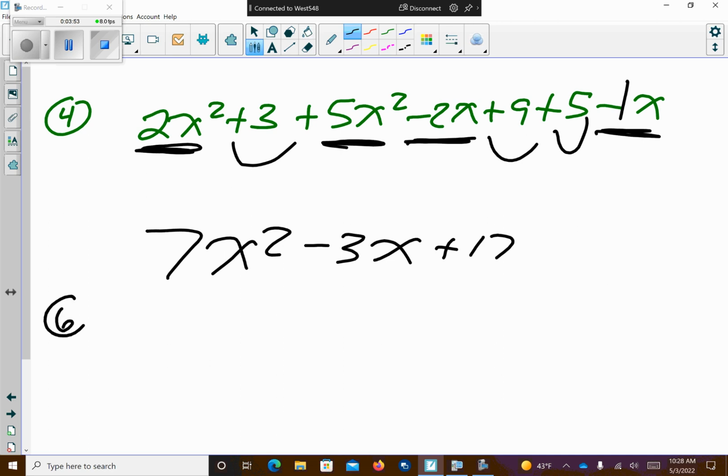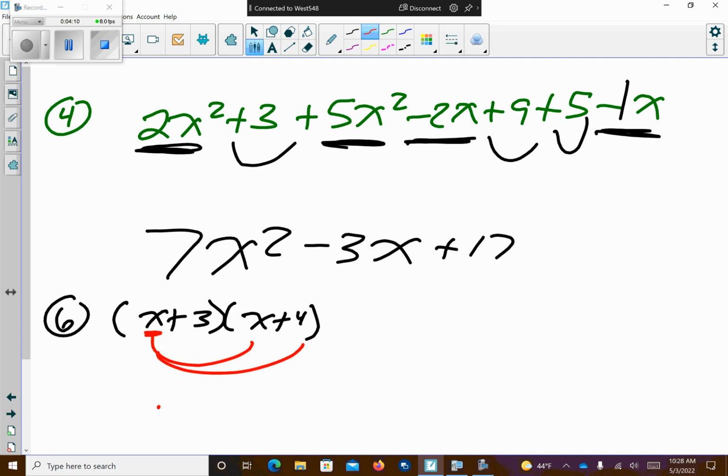And number 6, I can squeeze in down here. What do I do with number 6? I just drop the parentheses, combine like terms? I multiply. Do I double multiply? Yeah, so the x gets multiplied here and here. And the 3 gets multiplied here and here.